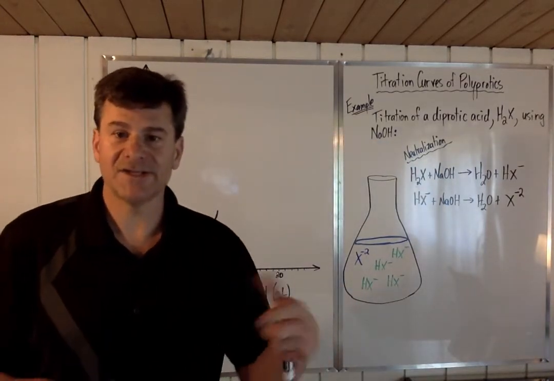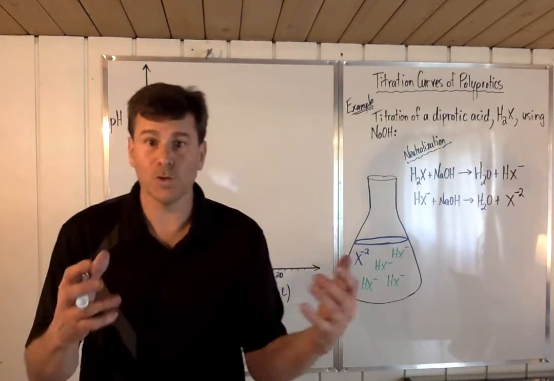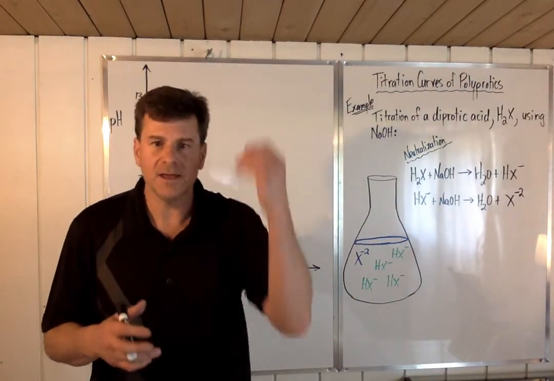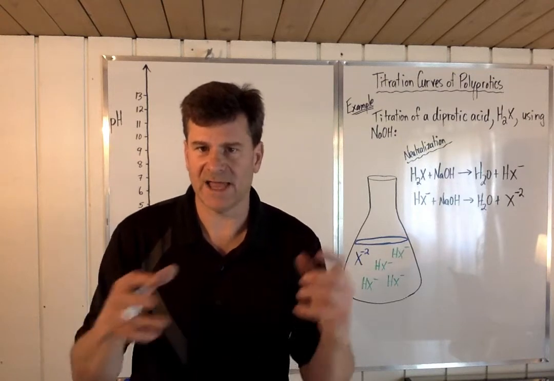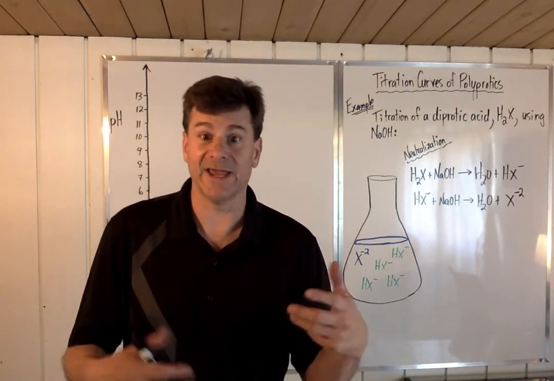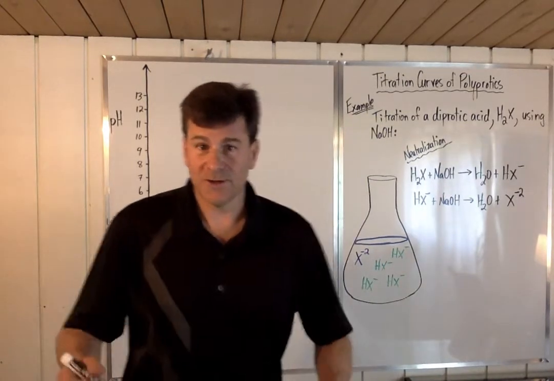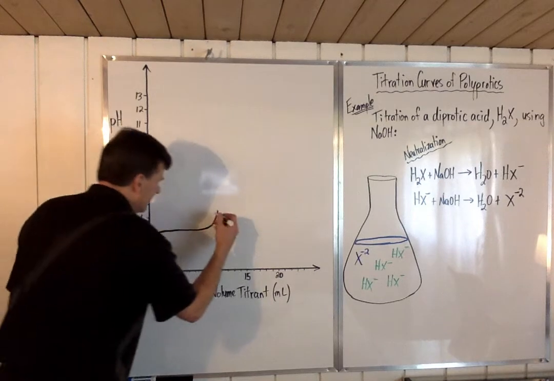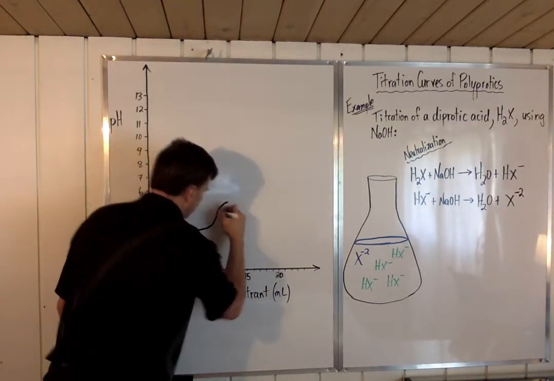Now what I start doing is forcing the HX minus to turn into X minus 2. I'm actually creating an actual buffer solution of HX minus and X minus 2. I'm creating a new buffer solution. So what you're actually going to see on the curve, and this is kind of an interesting thing, is this is going to start to bend again.